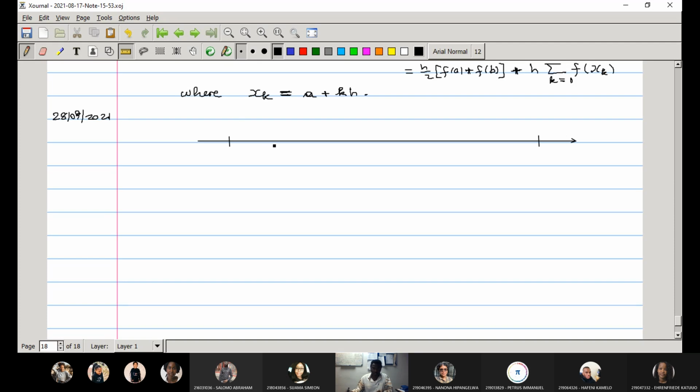So this is the original interval AB. Now we assume that we are somewhere inside here. We have some inner points. So let's say these subintervals, and here we have a certain x something.